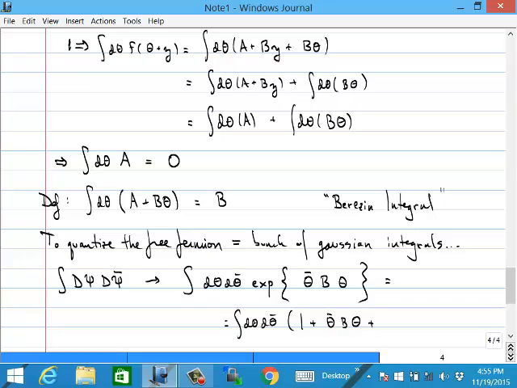But theta bar b theta times theta bar b theta is equal to 0, right? Because they're Grassmann numbers and they all square to 0. So it's just equal to that. And so you get the integral d theta of, so what do you get? Well, you just get b. Because you first do the theta integral and then you do the theta bar integral.